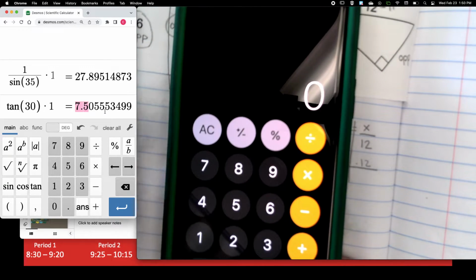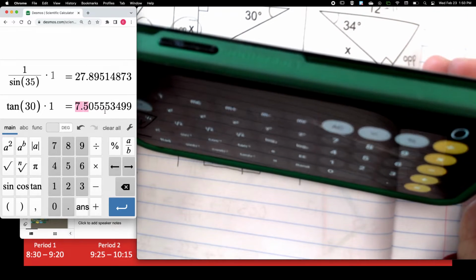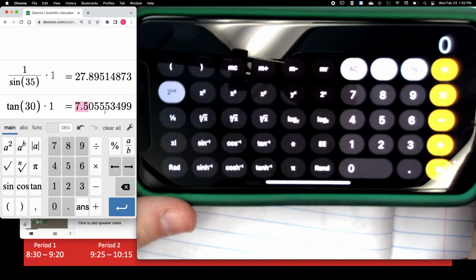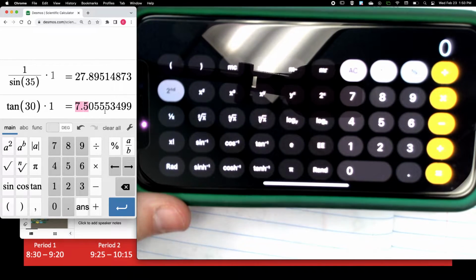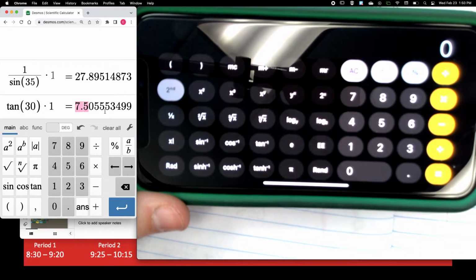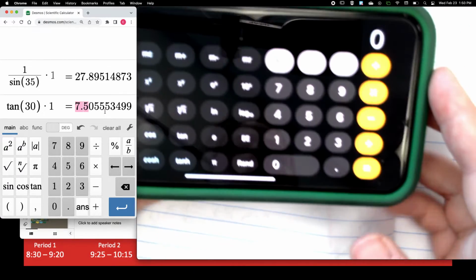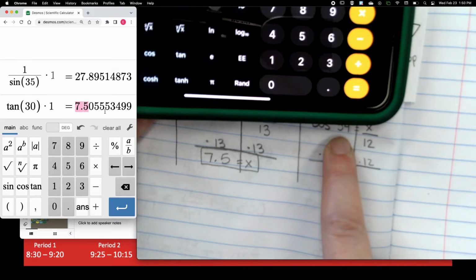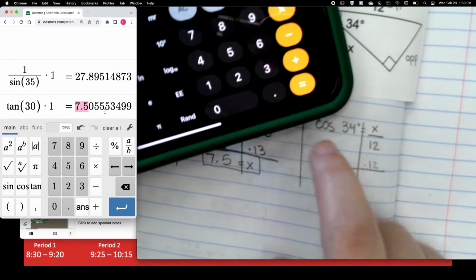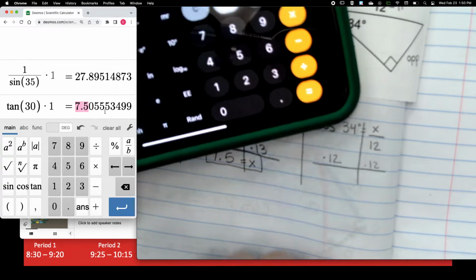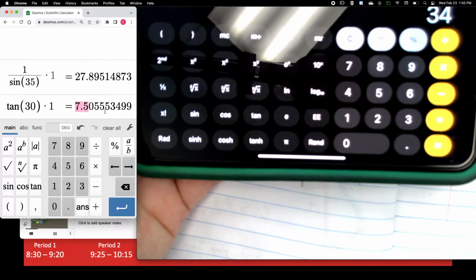So if you're going to use your phone calculator, you need to tilt it sideways, which means it has to be unlocked. So if you just go to your calculator from your lock screen, you have to unlock your phone to let it tilt sideways. And then you're going to type in 34 first, the degree, 34. And then we type in cosine, and cosine is right here.